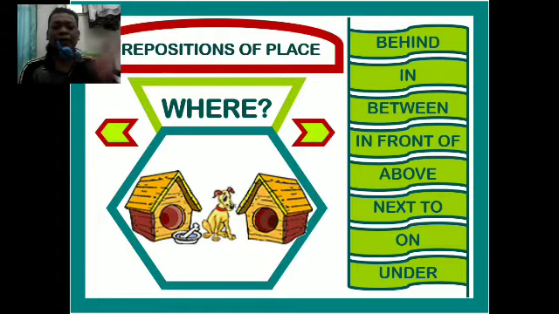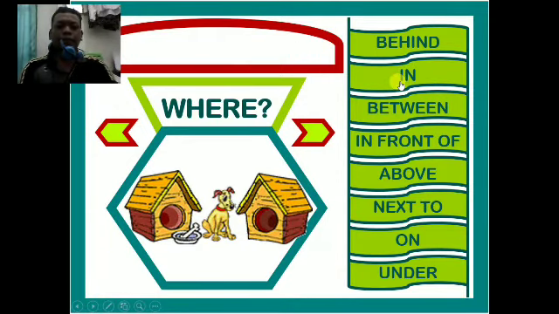We will omit the inappropriate ones, yang tidak sesuai akan kita hilangkan. So now what about this? Which one is correct?